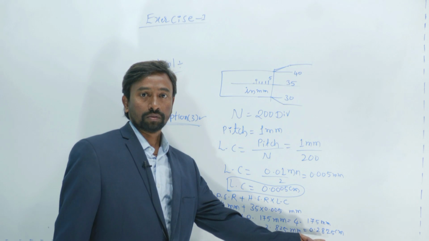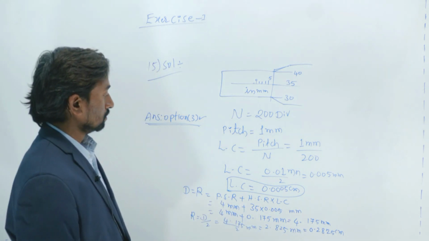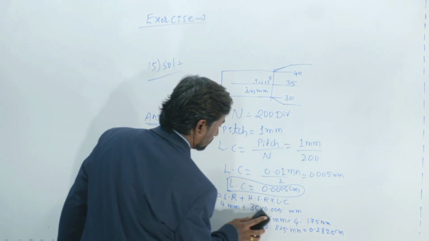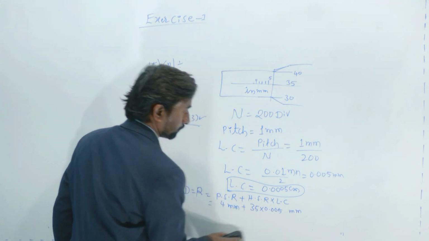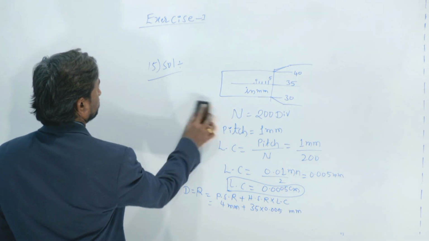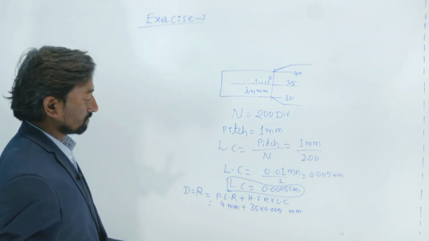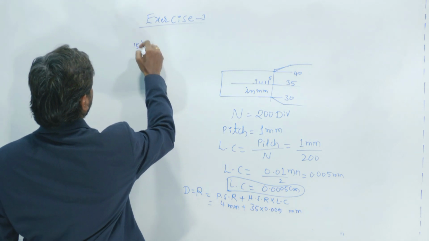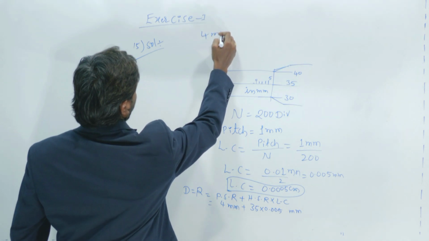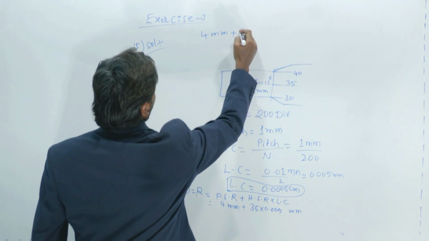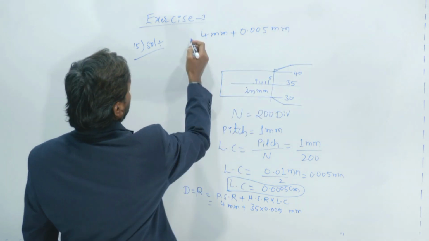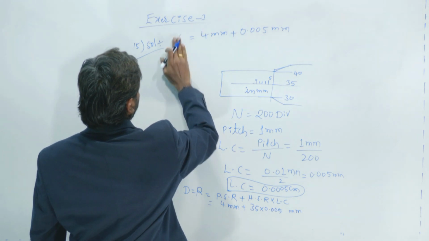This value you can see there. I'll write everything. Highlight here the top. So this will be the 4 mm continuation, 4 mm plus 0.005 mm, and now this will be equal to the diameter.